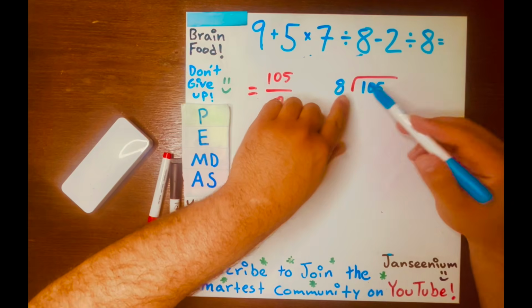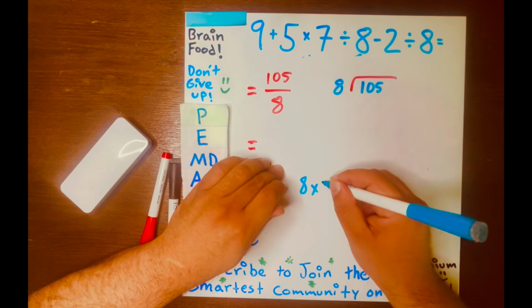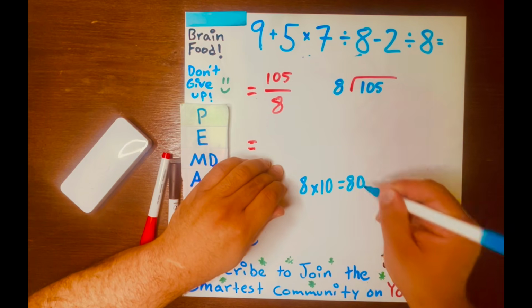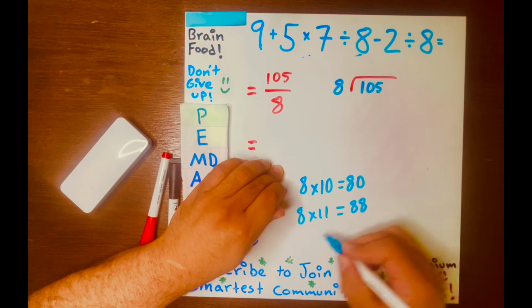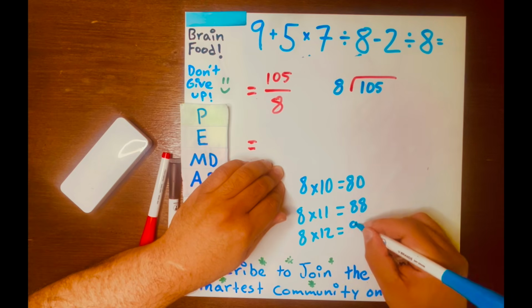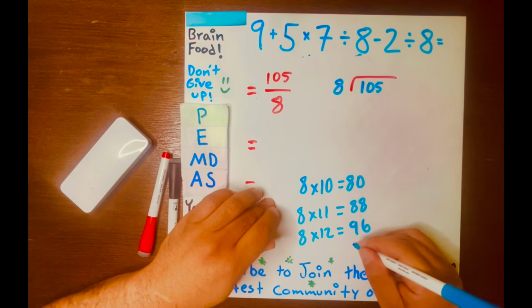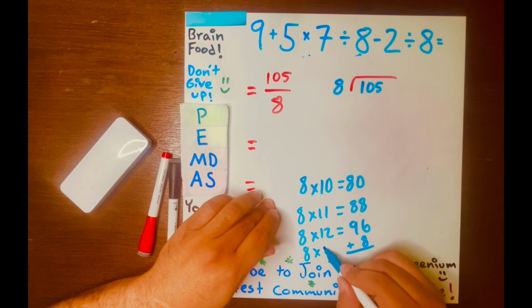How many times can 8 fit into 105? Well, I know that 8 times 10 is 80. 8 times 11 is 88. 8 times 12 is 96. And then you add 8 for 8 times 13.